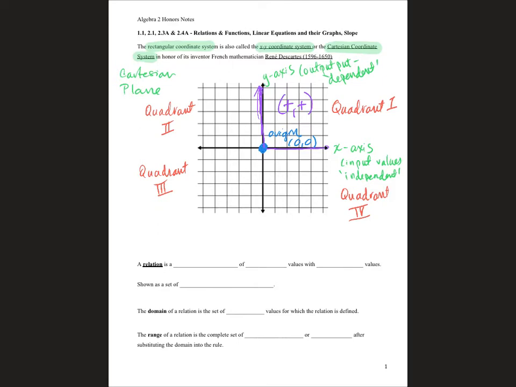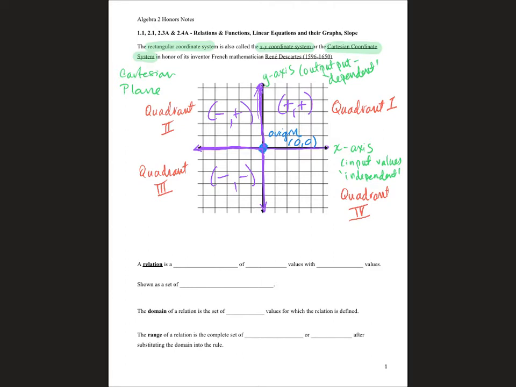Now, if I move to quadrant 2, I notice that I'm going in the negative direction for x, but still the positive direction for y. So all ordered pairs that fall in the second quadrant are going to be minus plus, negative positive. Continuing in the third quadrant, I'm going to the left in the negative x direction and down in the negative y direction. So all ordered pairs are going to have a negative x and a negative y value.